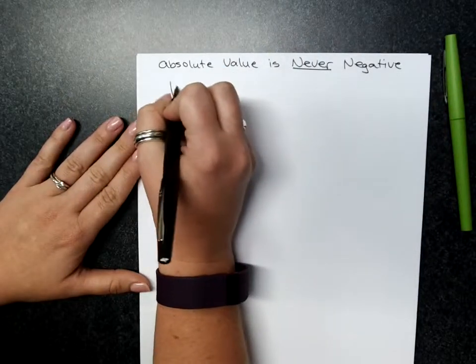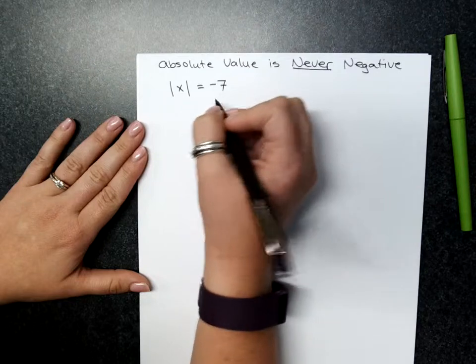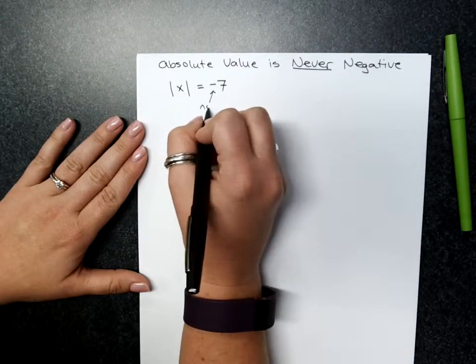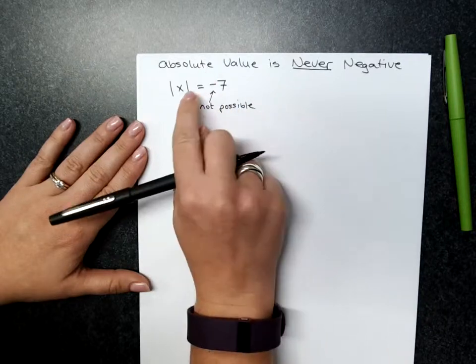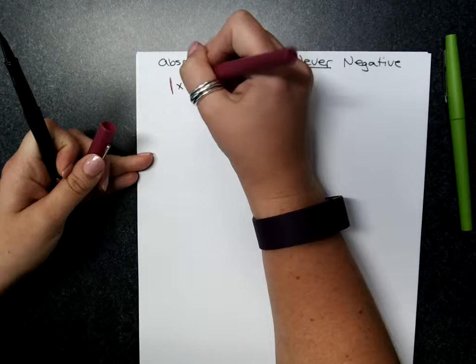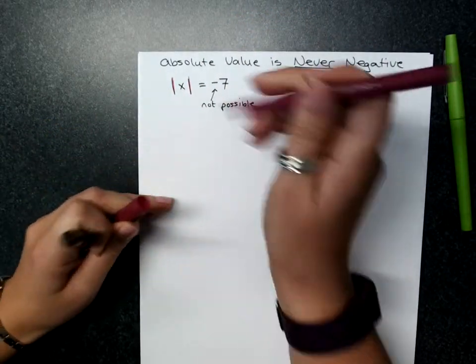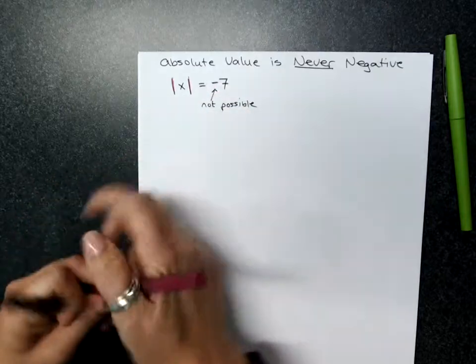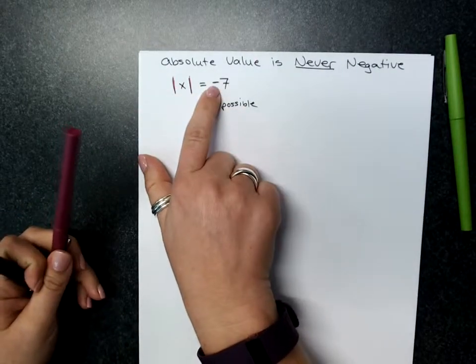So if I have the absolute value of something equaling a negative number, that is not possible. It's not possible when you've got those absolute value bars isolated. It is not possible for it to equal a negative value. So the absolute value, when you have the bars on it, will not equal a negative number.